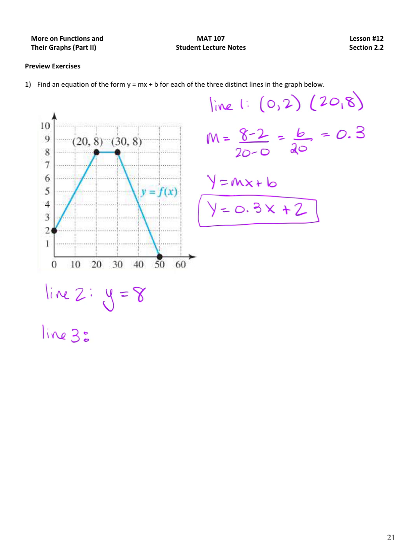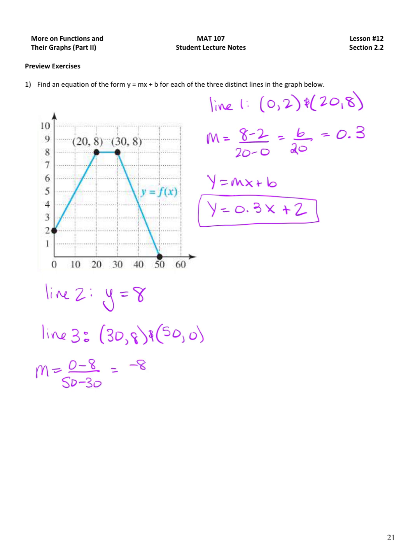And then line 3, again, I have points (30, 8) and (50, 0). So I'm starting with 2 points. And to find the equation of a line, I start with slope. Change in y would be 0 minus 8 over change in x, which is 50 minus 30.